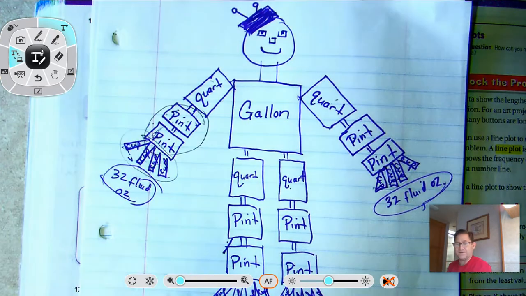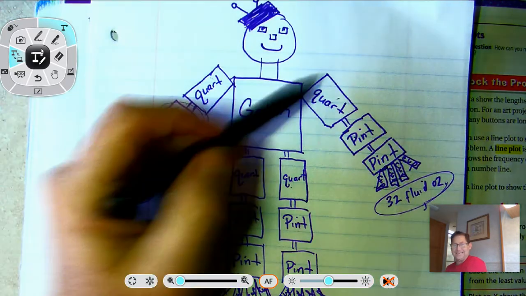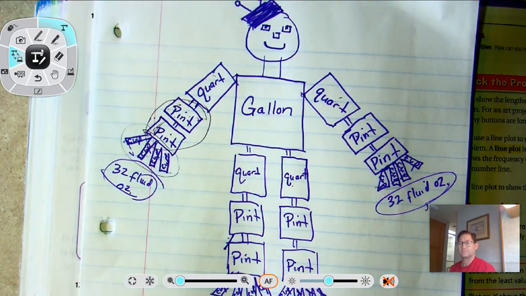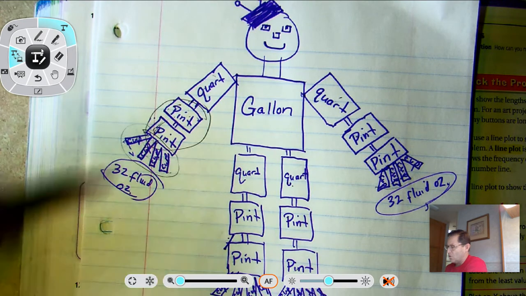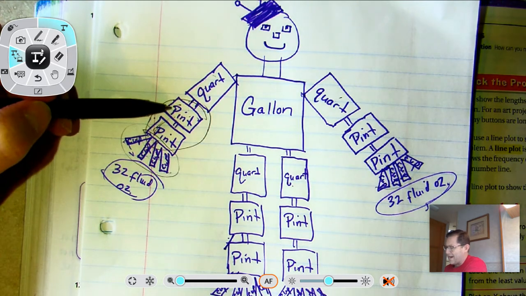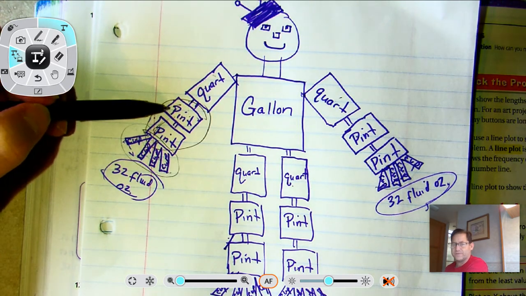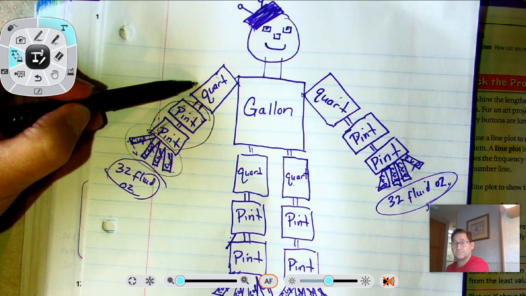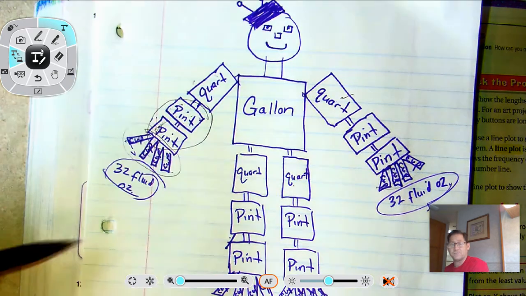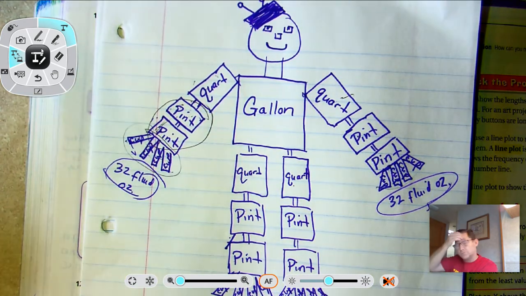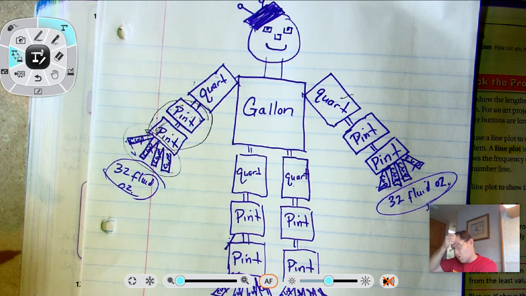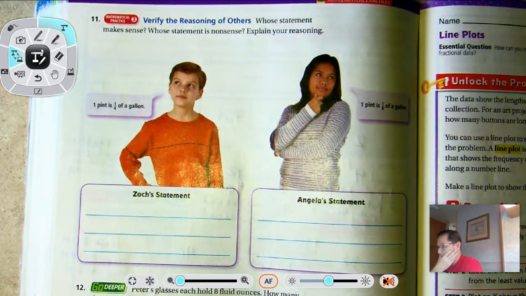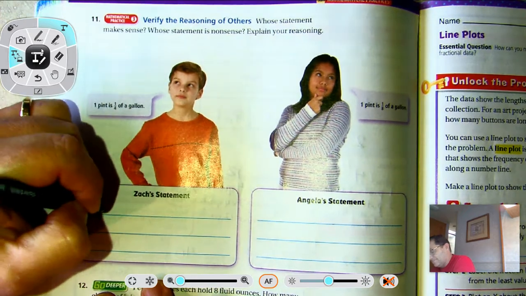There's 4 limbs here. They match exactly. So 1 pint is not a 1/4 of a gallon. A quart is. It takes 4 quarts to equal a gallon. So no, he's not right. So Zach's is nonsense.